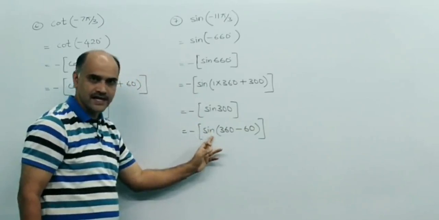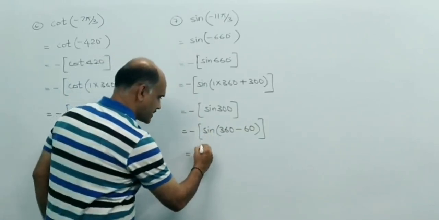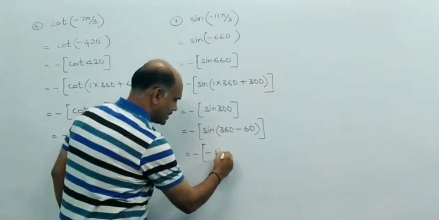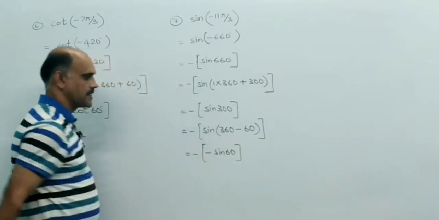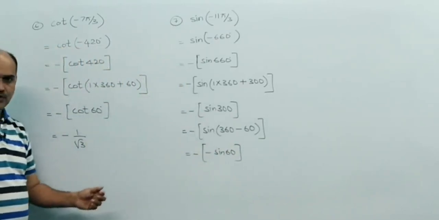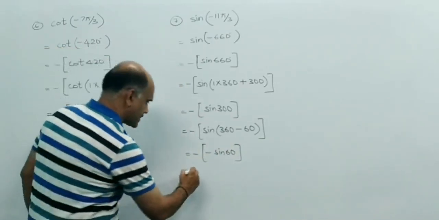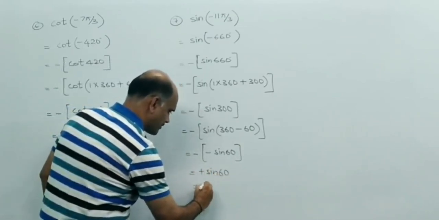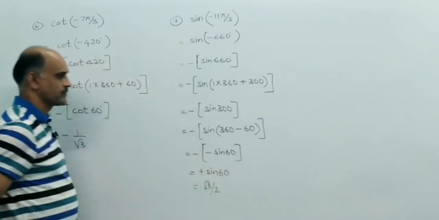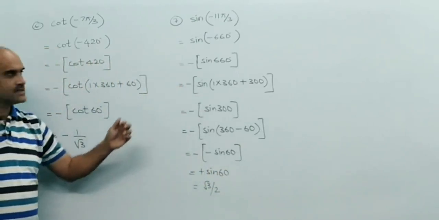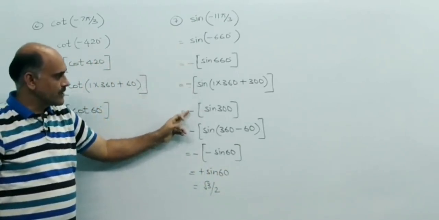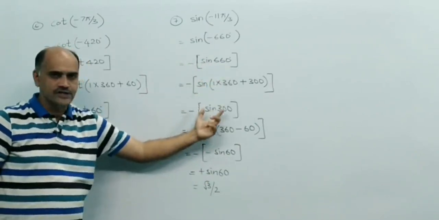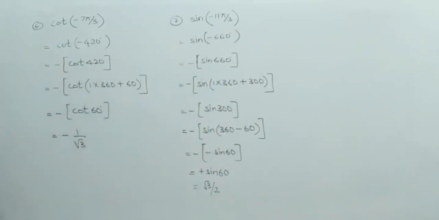In the fourth quadrant sine is negative, so this minus sign will remain as it is, minus sine 60. Minus into minus you will have plus. So plus sine 60, and sine 60 is nothing but root 3 by 2. Clear, students? So this minus sign you should continue up to the end. Then simplify what function is inside, and you will have the answer.